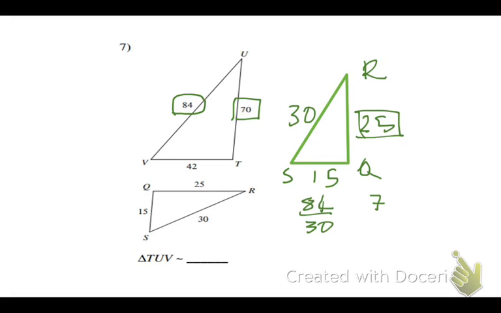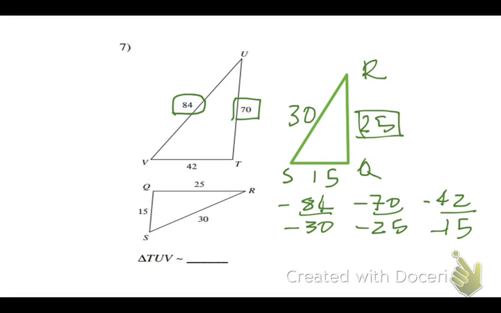So 70 divided by 25. And then lastly, the short side divided by the short side. So in each case, we have the long side divided by the long side, the medium side divided by the medium side, and the short side divided by the short side.